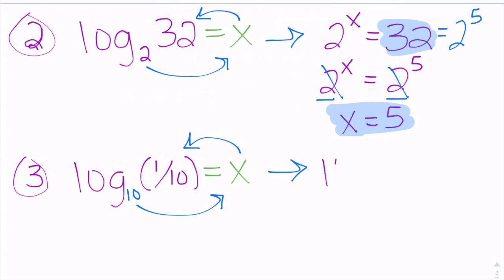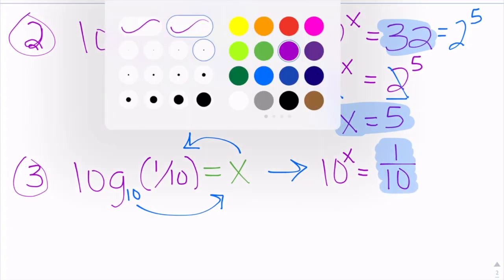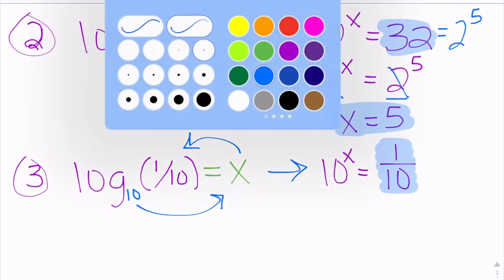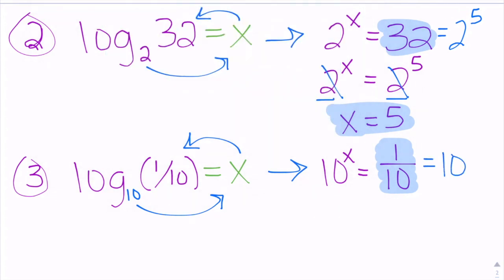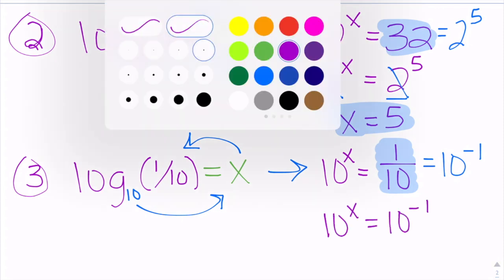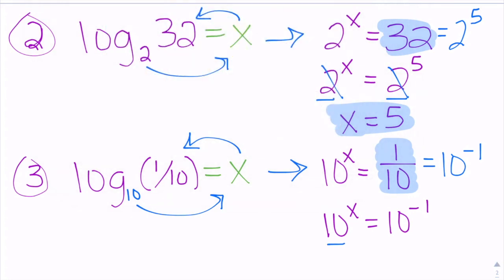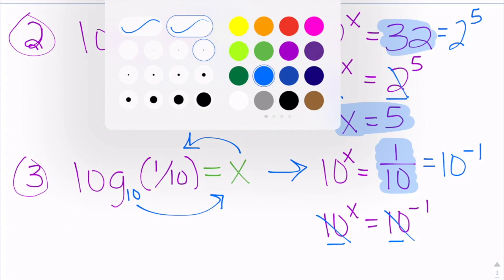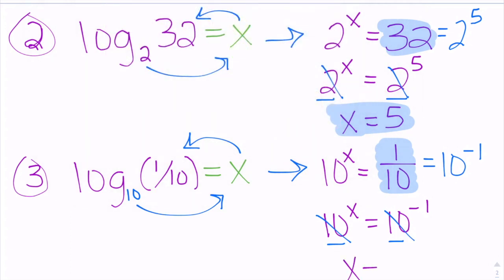And so we get 10 to the x equals 1 over 10. 1 over 10 here we can rewrite to be 10 to the negative 1 power. So we can rewrite our whole equation to be 10 to the x equals 10 to the negative 1. Our bases are the same now, so we can ignore them. And we can say that x equals negative 1.